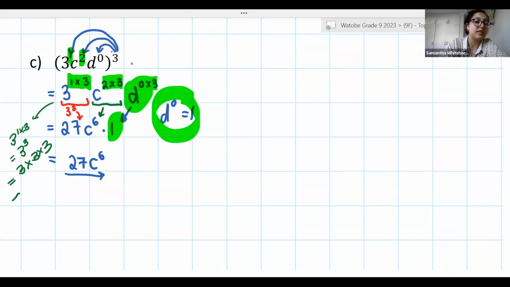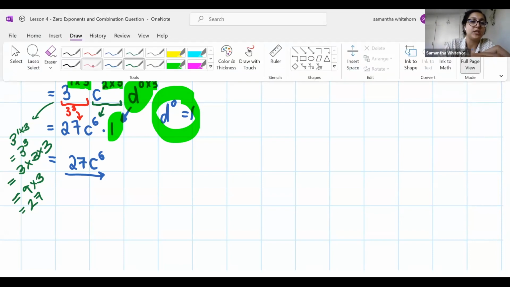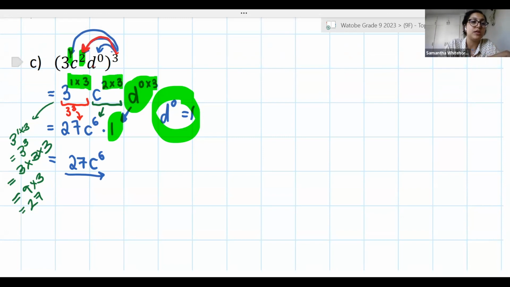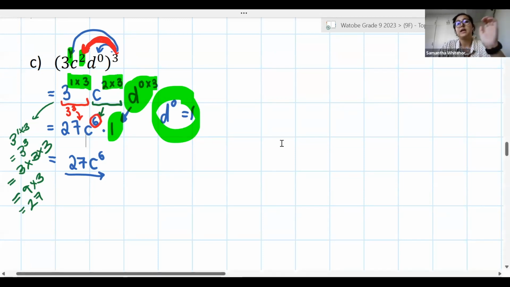Now 3 times 3 is 9, and 9 times 3 is 27. So that's where I'm getting the 27 from. And then the C to the power 6, I'm getting from my distribution again. So I multiplied the exponent of 3 with the exponent of 2. And that gave me an exponent of 6. And so I've got C to the power 6.